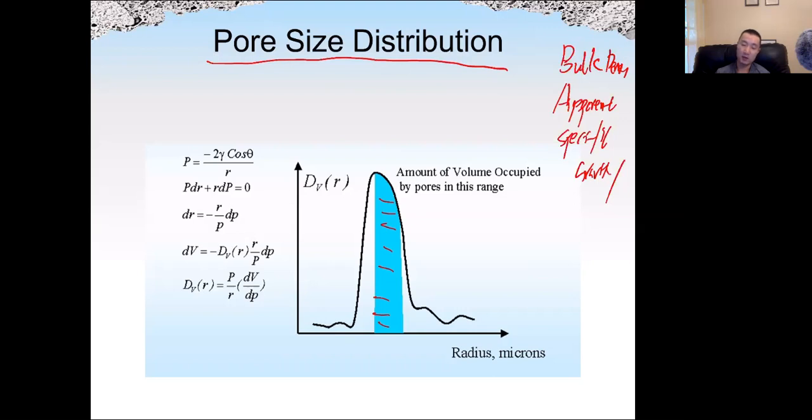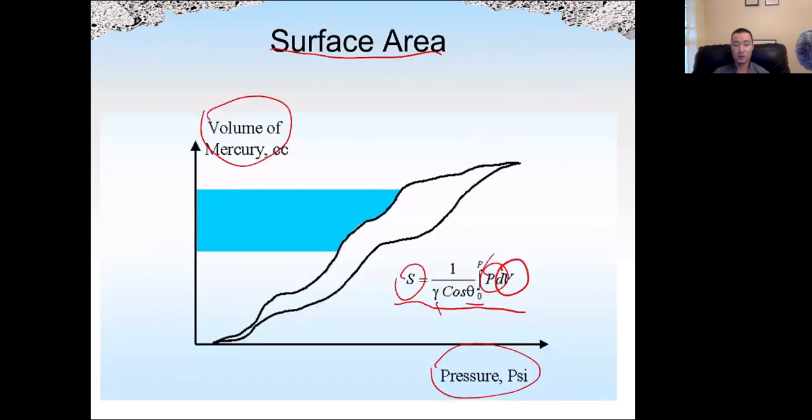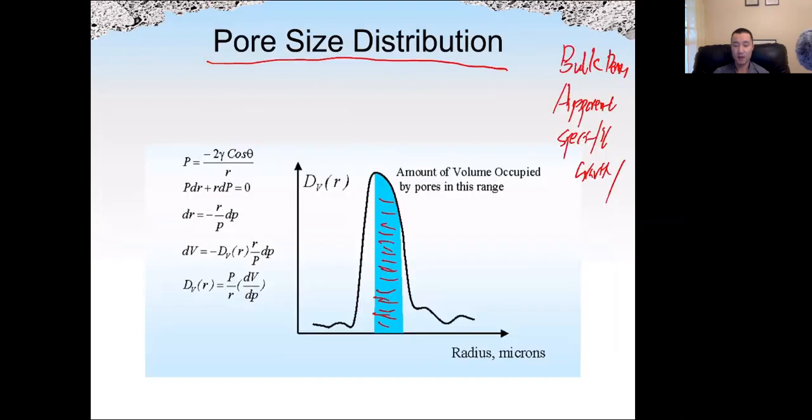Okay, so this is one of the drawbacks of the MIP method. Anyhow, I will say MIP is a very powerful instrument which can give us a lot of information about pore size distribution, porosity, and even the surface area of the sample. Okay. So this is MIP.